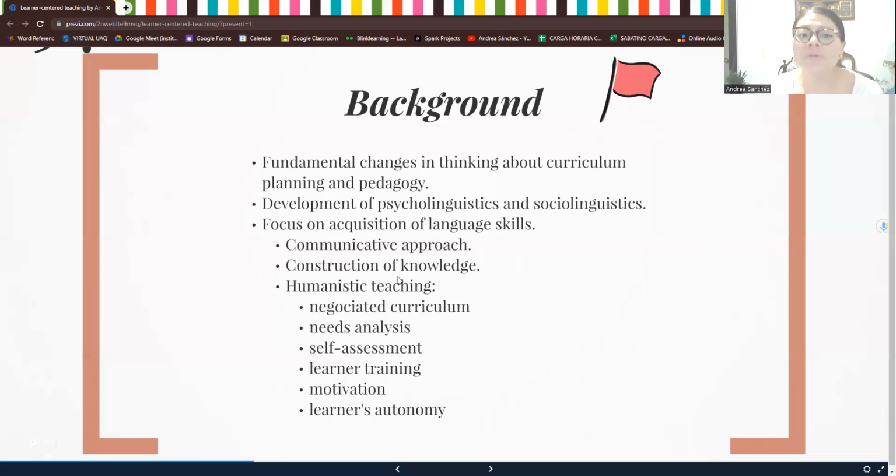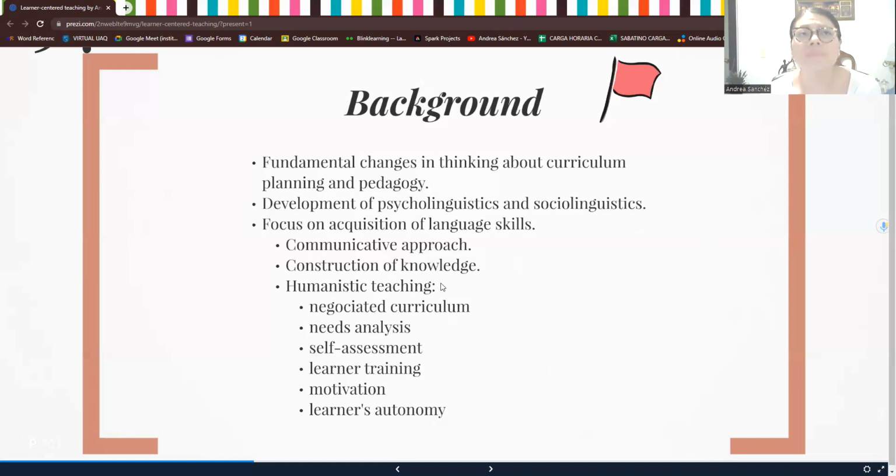Now, another important aspect in the 70s was humanistic teaching. Humanistic teaching is basically a model of teaching where I recognize myself as a human being, the teacher, but I also recognize the people in front of me, my students, as human beings.